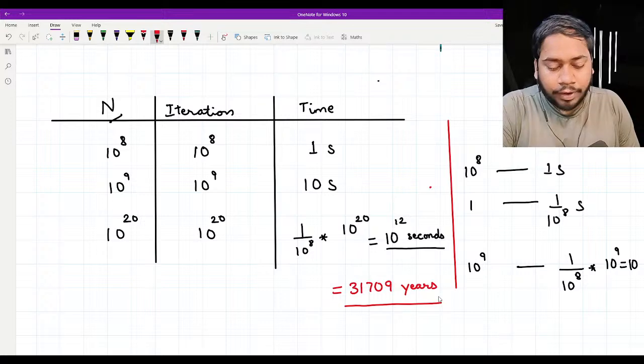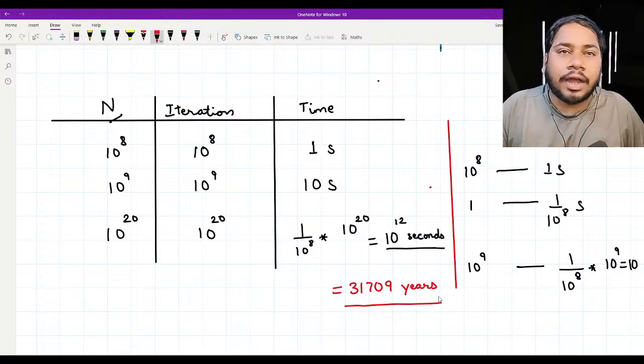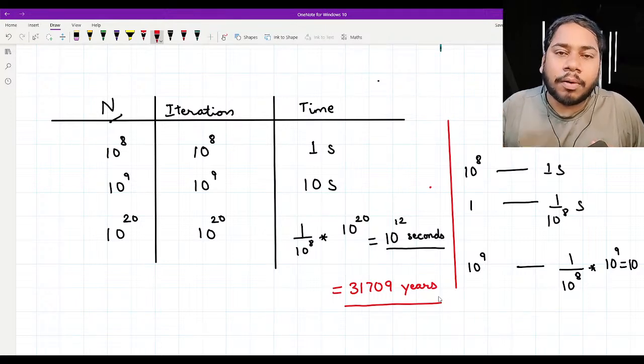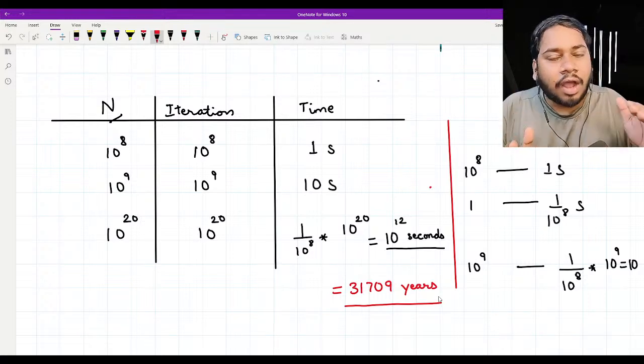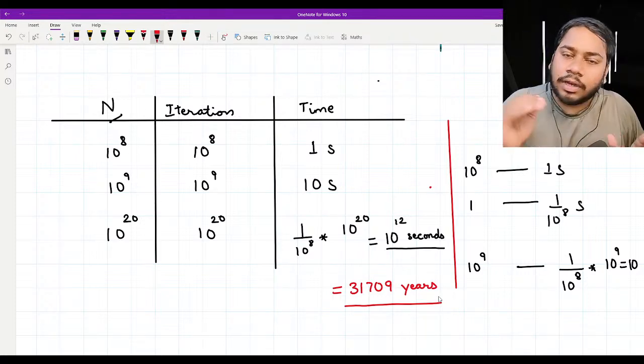When we handle a very large chunk of data, getting a value around 10 to the power 20 is very common. I know you can't imagine 10 to the power 20 as of now, but when you get deployed into some project, this number is very common.